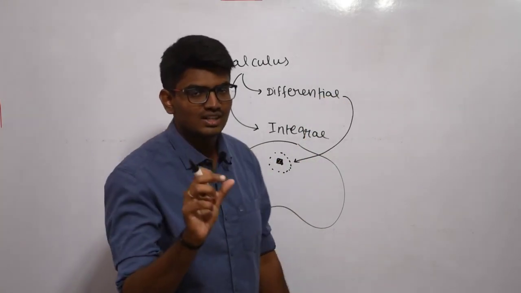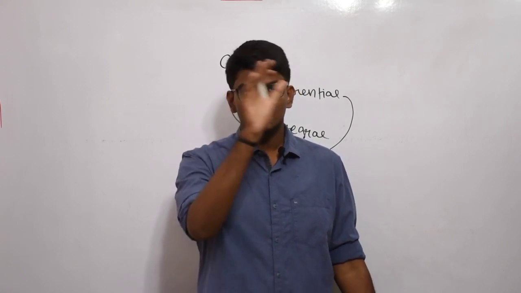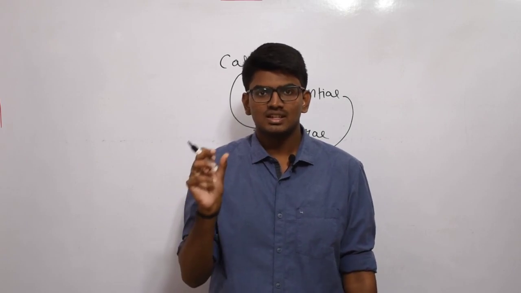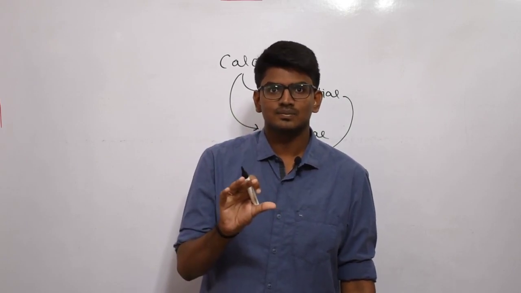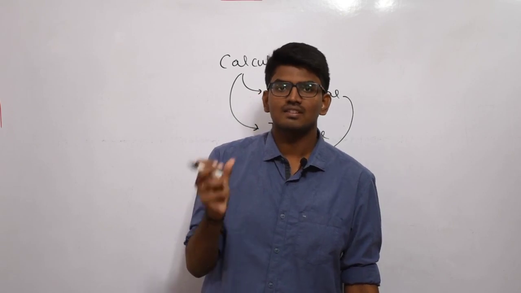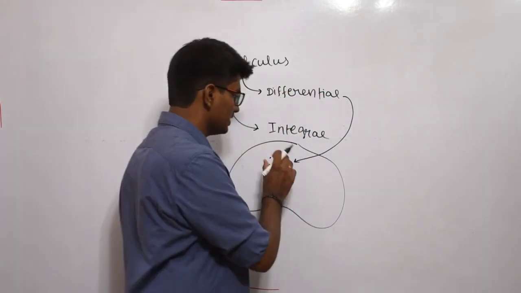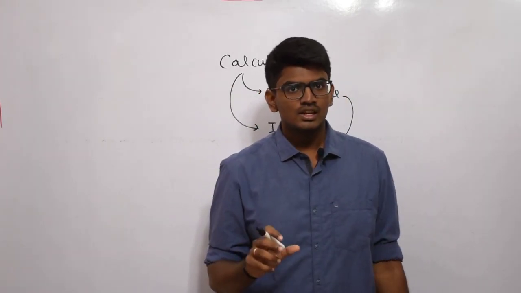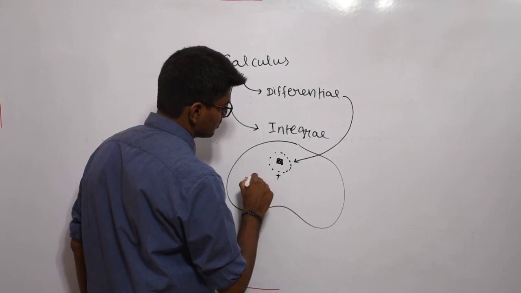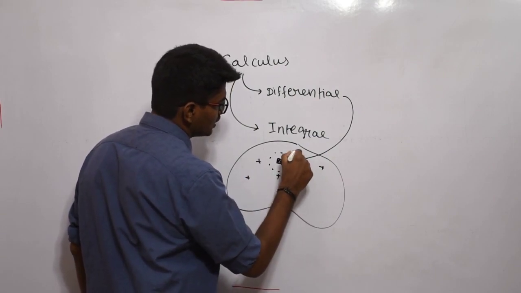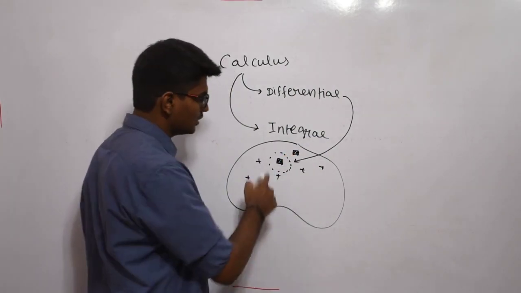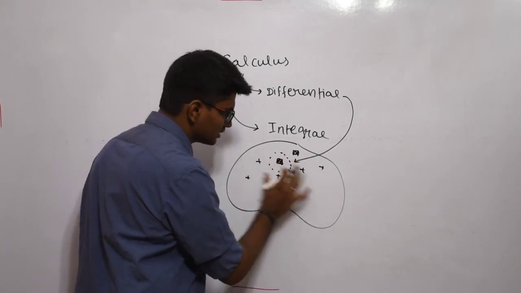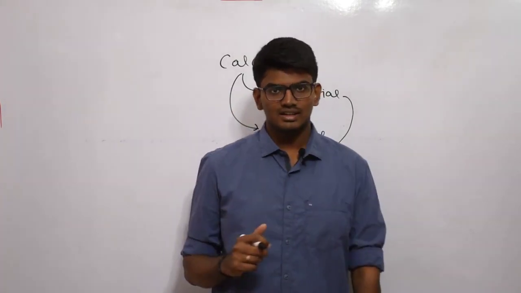We will choose a small part of the complete structure. Of that small piece, you will do some analysis. You will find the change, you will find the value for that small piece. And once you have determined the value for that small piece, you will start to add everything, you will sum up all the small pieces, and that procedure is nothing but integration.